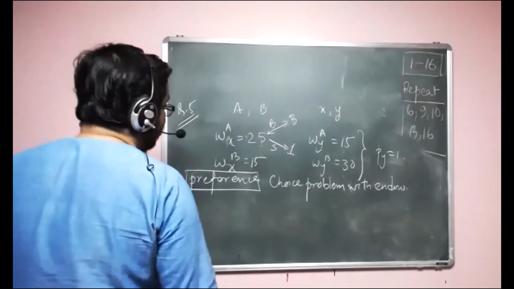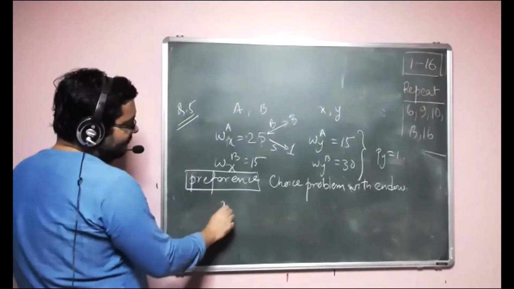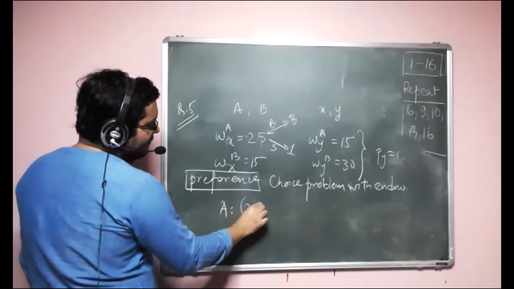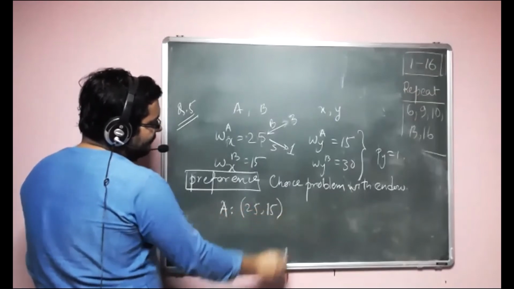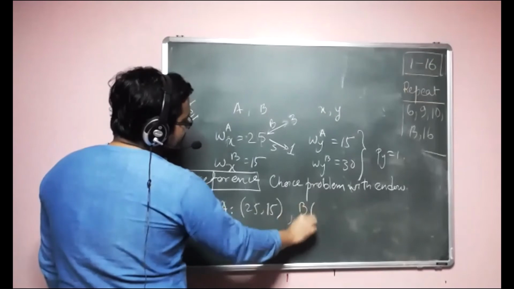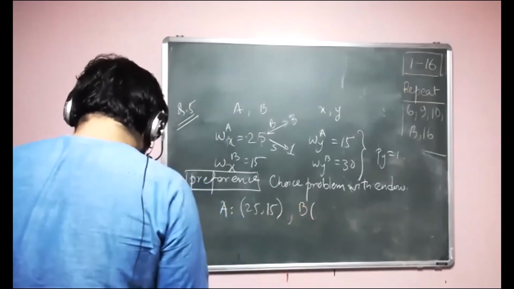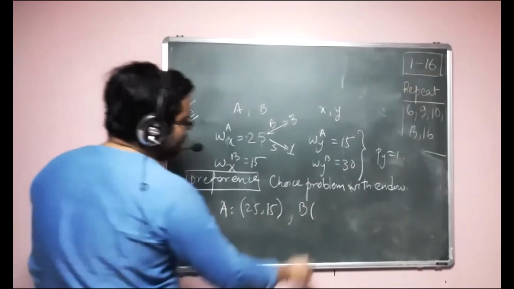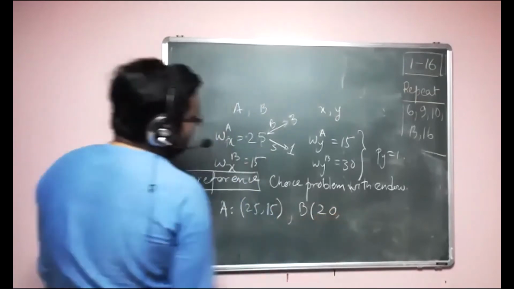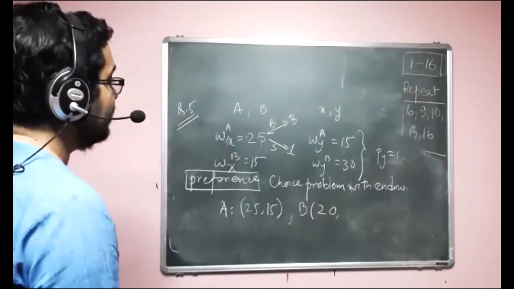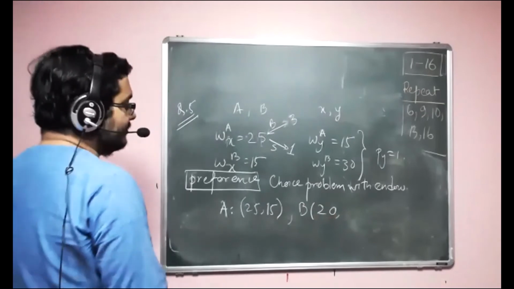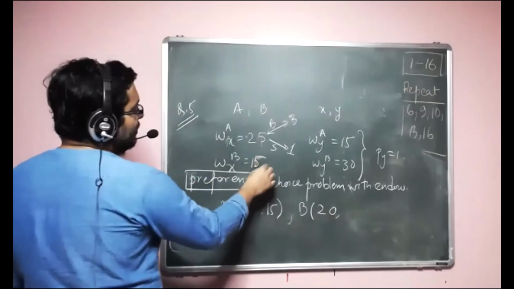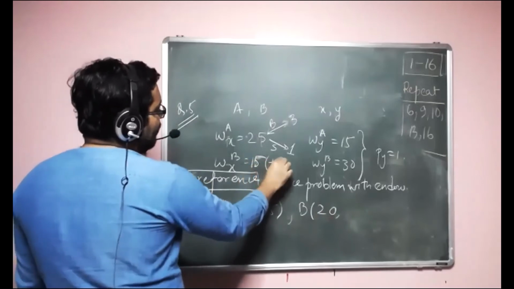So it says that A's choice is his endowment, so 25, 15. What about B? B chooses to consume 20. Now to consume 20x, you need to have 5 more.